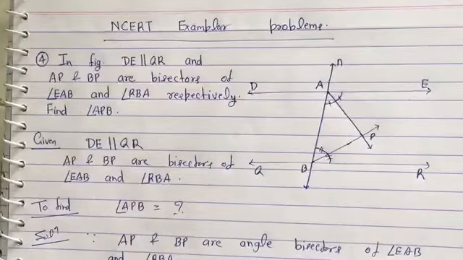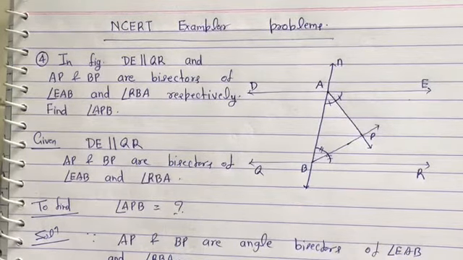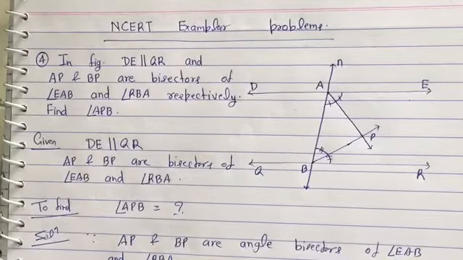Now in today's class we are going to study mathematics of class 9th, and your running chapter is chapter number 6, and the name of the chapter is Lines and Angles. You know it very well that all the portion from your NCERT book is completed, and here we are discussing NCERT exemplar problems.